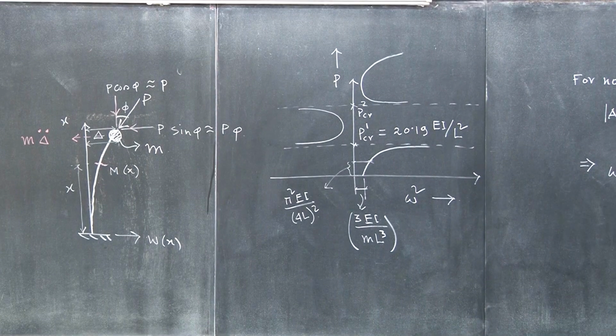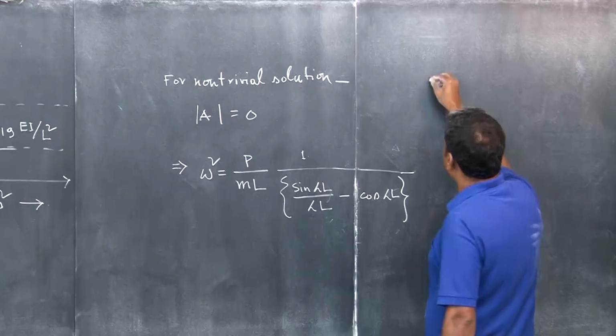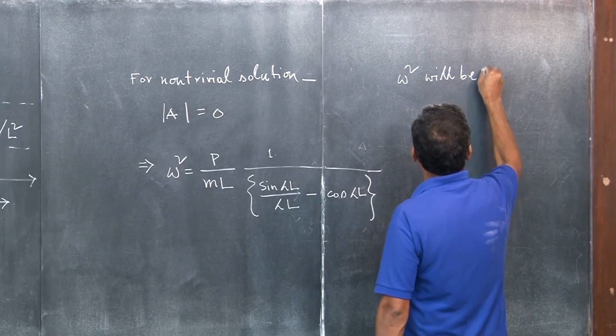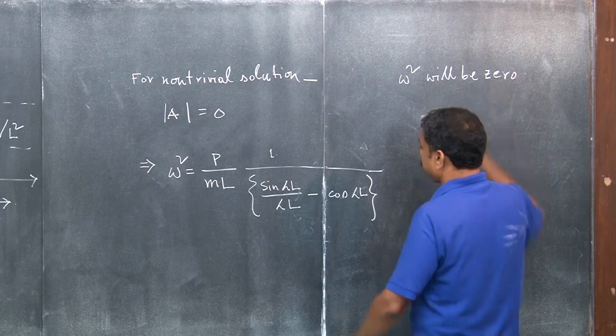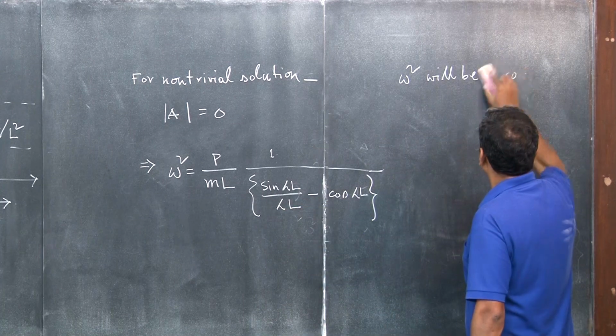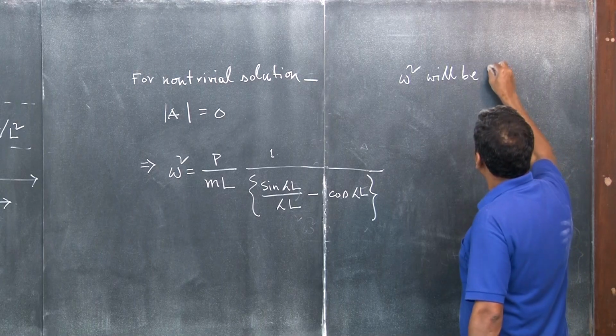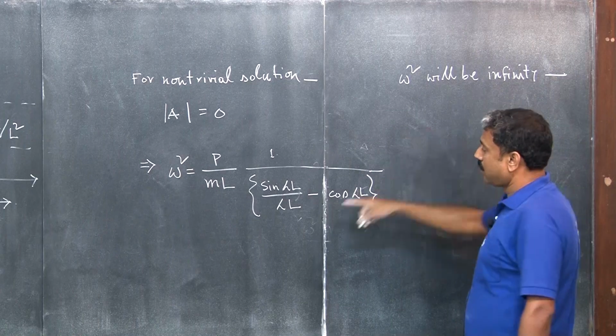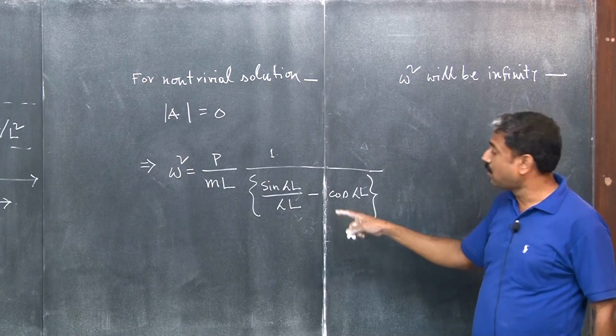So what we see is that omega square will be 0, and omega square will be infinity, right? When the denominator is 0, it can always be 0, right?